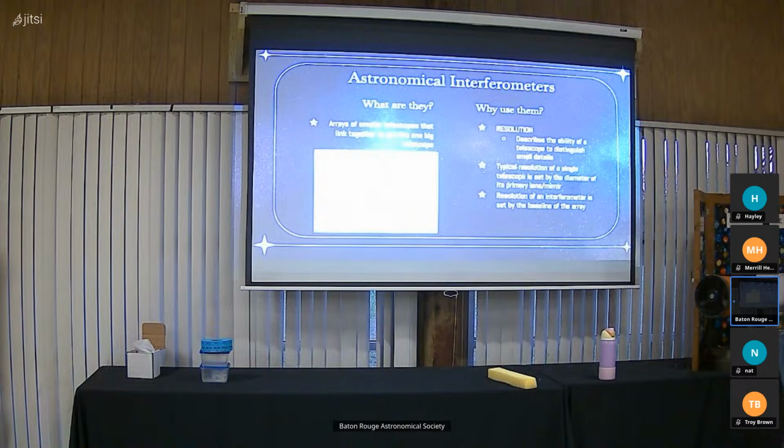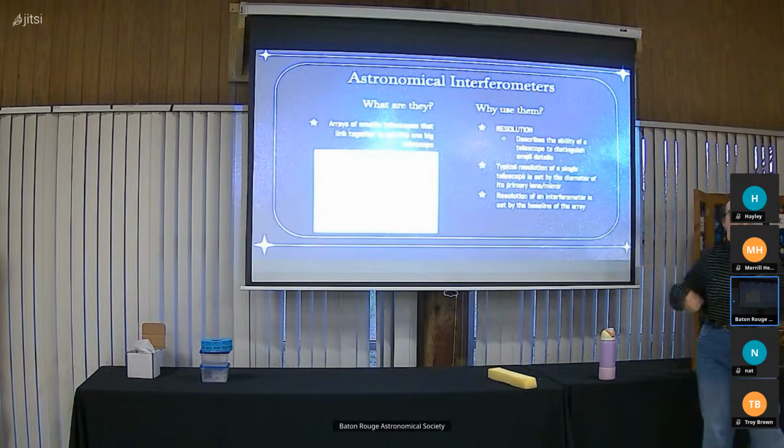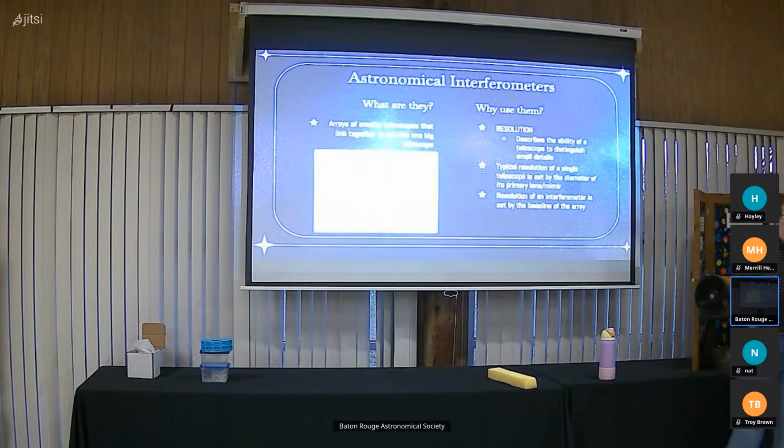Now, the difference between having a single telescope, say for example, I'll use CHARA as an example. You'll probably hear this fact again later on in the CHARA slide. CHARA's resolving capability is the same as if you had a single telescope the size of a mountain.